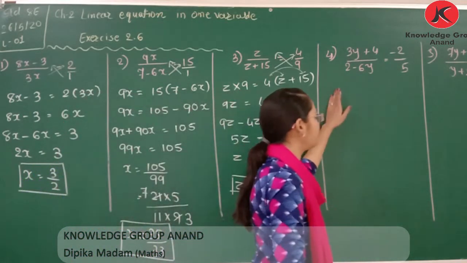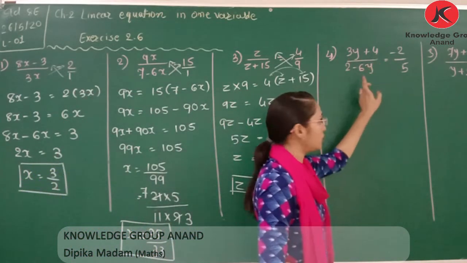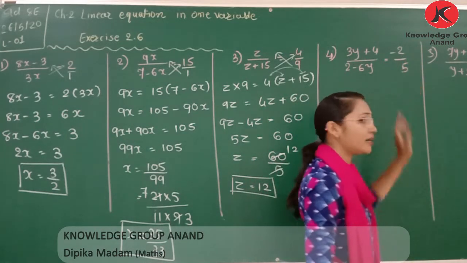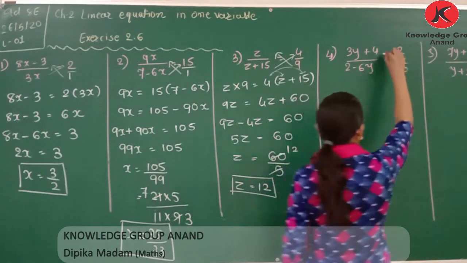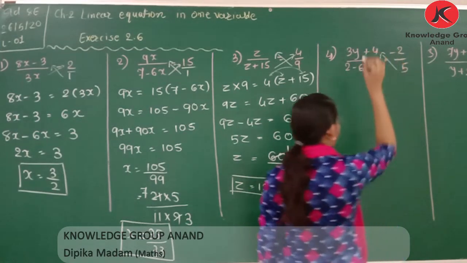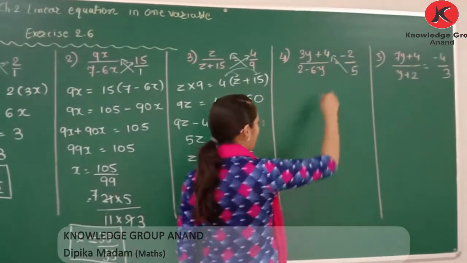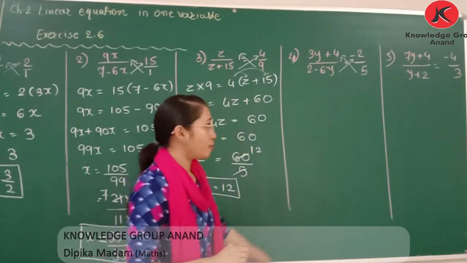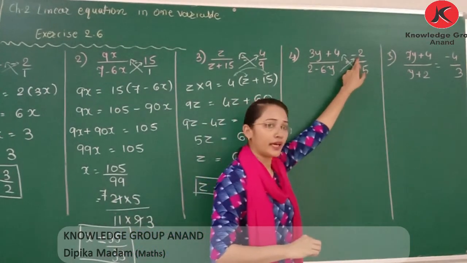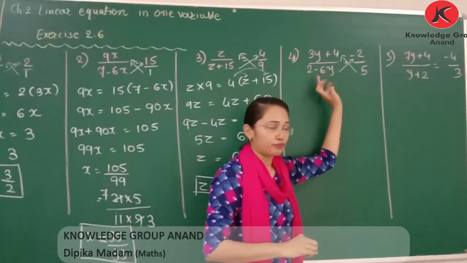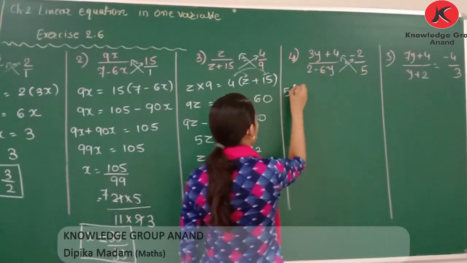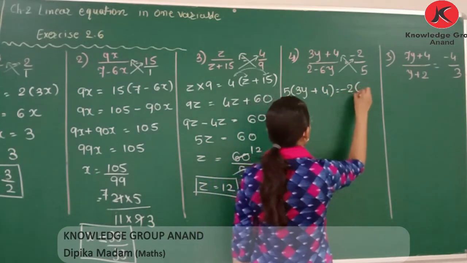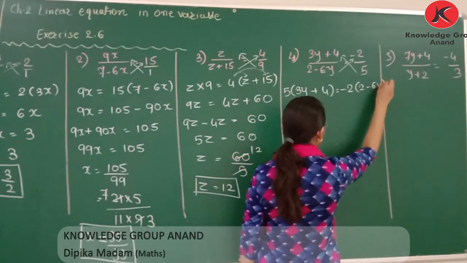Now for the fourth one, (3y plus 4) divided by (2 minus 6y) is equal to minus 2 divided by 5. Cross multiply. 5 is multiplied with 3y plus 4 and minus 2 is multiplied with 2 minus 6y. Be careful whenever you are multiplying a negative number with the terms.